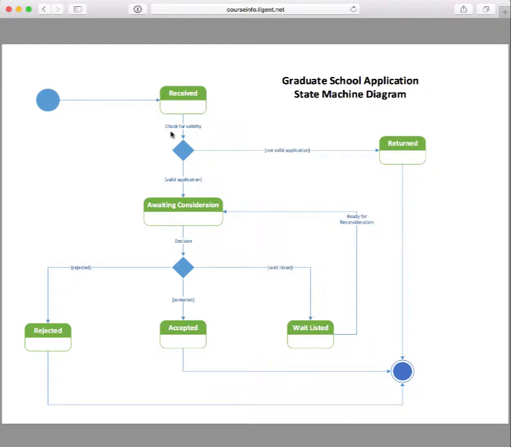So I use the action, the process that represents the choice. I put the name on the flow into it because we don't put the names in the choice symbol themselves. And I put the words check for validity there. So that would be, do we have all the parts, right?